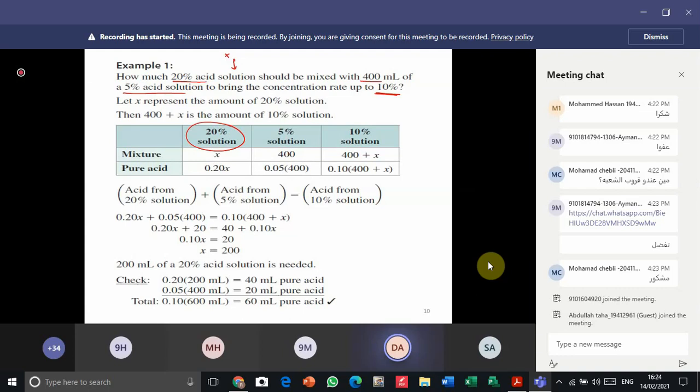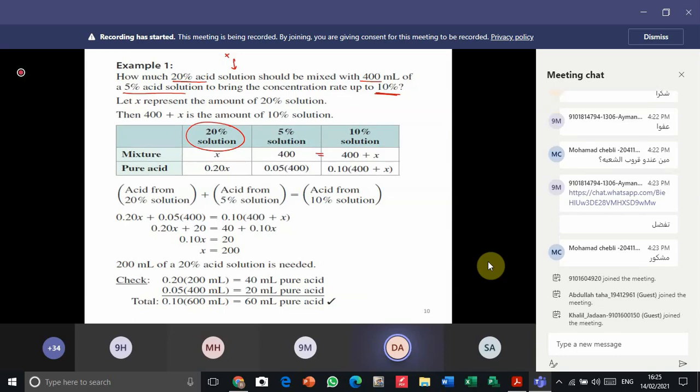This must be equal to 10% of the total quantity, the total of 400 milliliters of 5% acid plus X. X is unknown, so I don't know how many milliliters of 20% acid solution. So this is the equation.